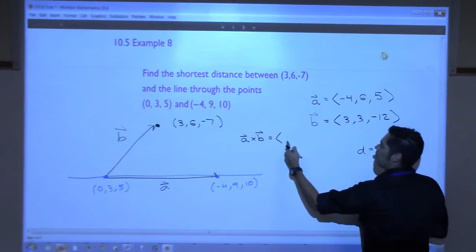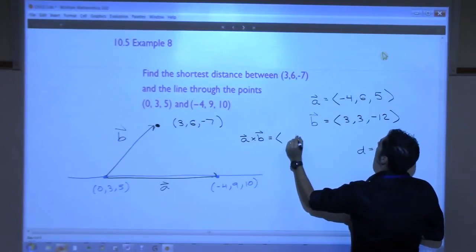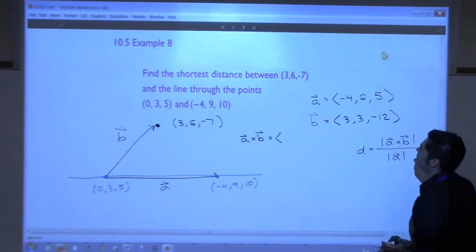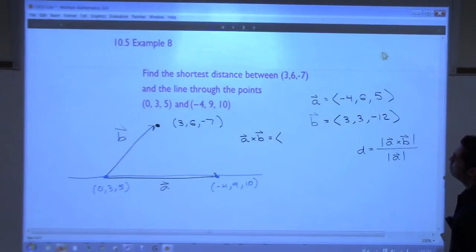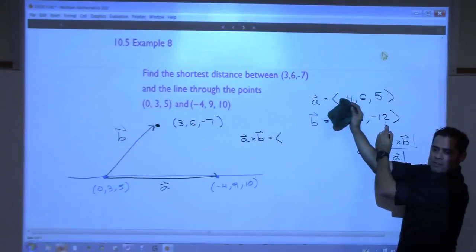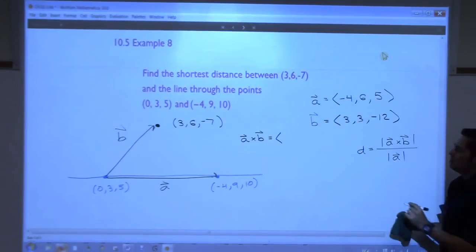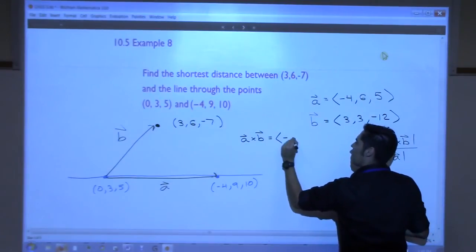Okay, first one is what? 57? I don't know about that. Hold on. I got negative 87. We're doing 6 times negative 12, negative 72. Take away 15, so negative 87.